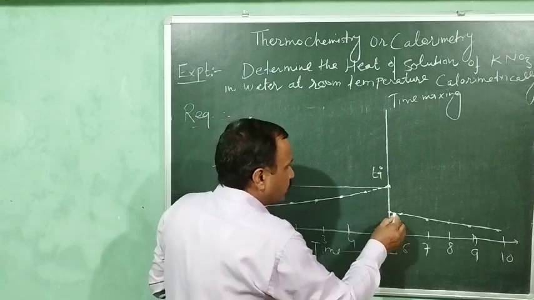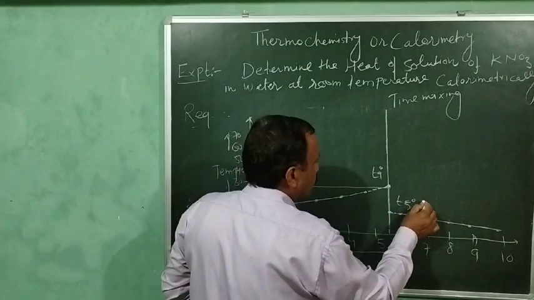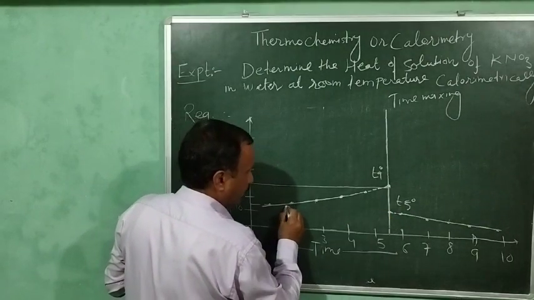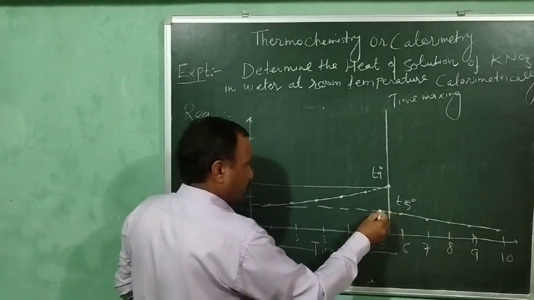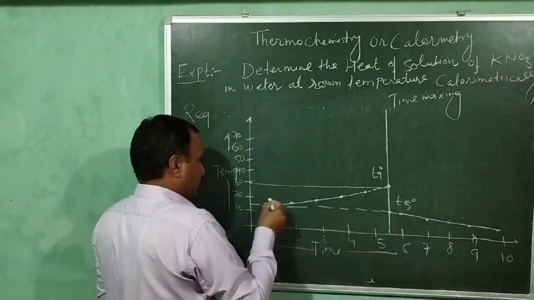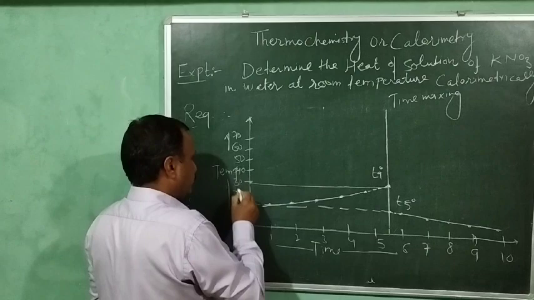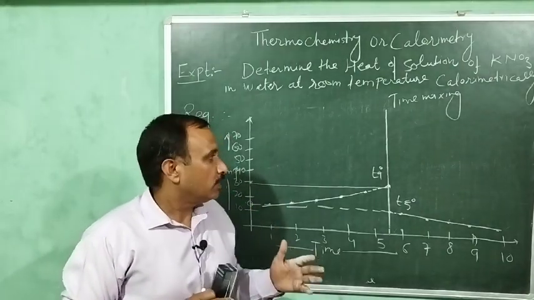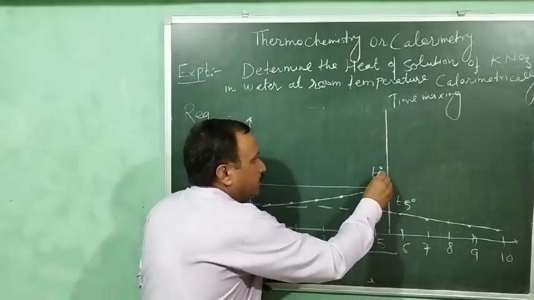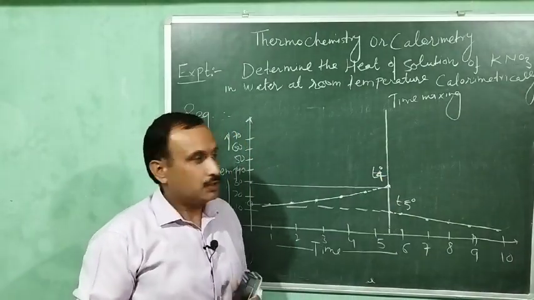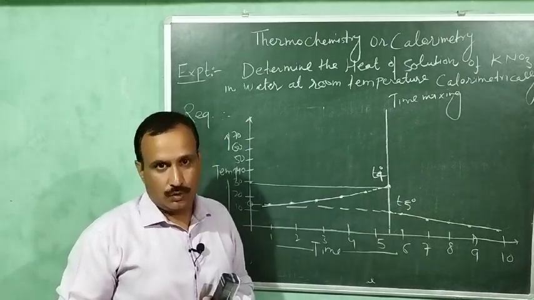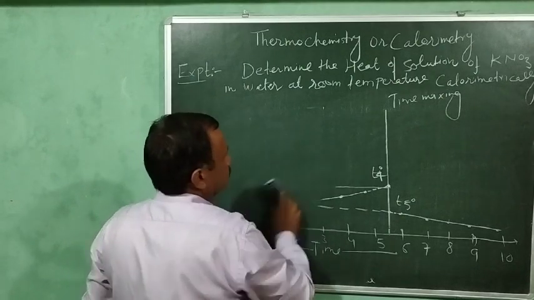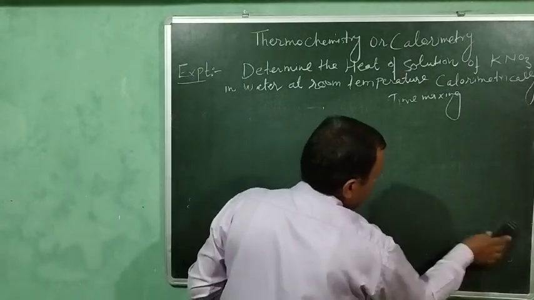Okay, so this will be the temperature T5 of the solution, and we can read it from here by drawing a straight line which cuts your temperature axis at some point. So this is how we can determine the T4 and T5 temperatures, the temperature of the cold water and the temperature of the solution.